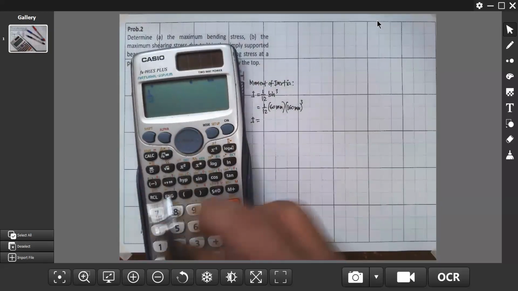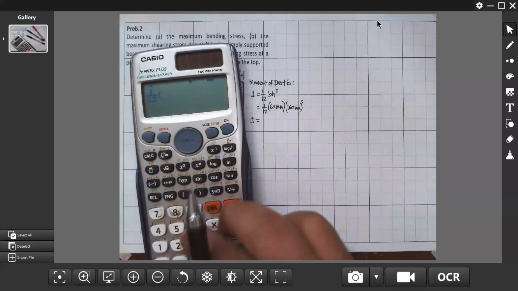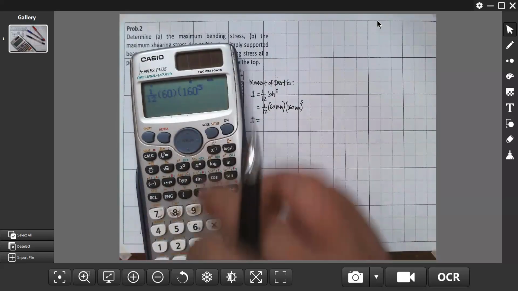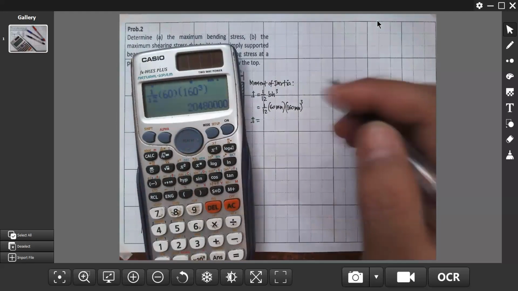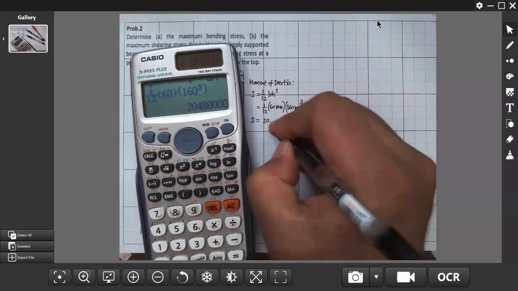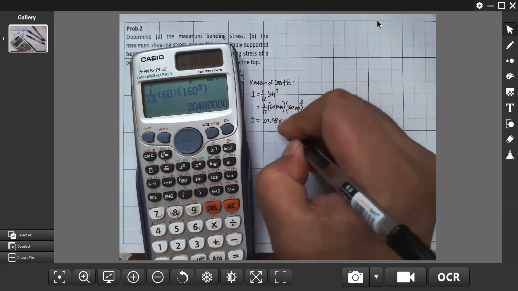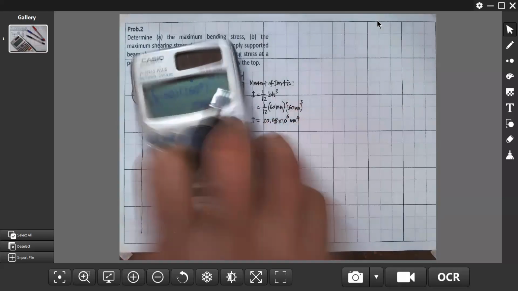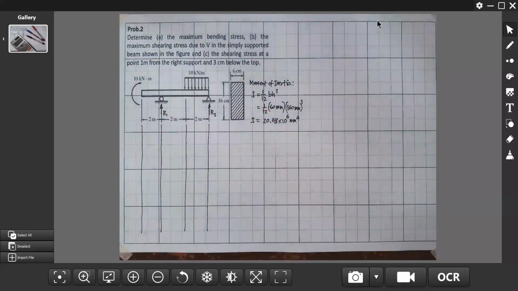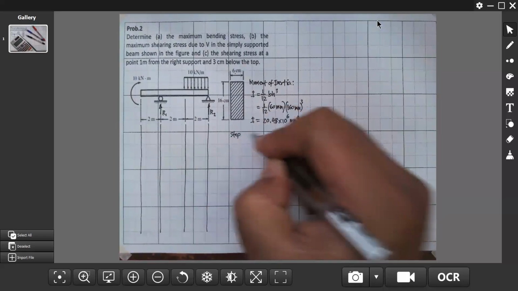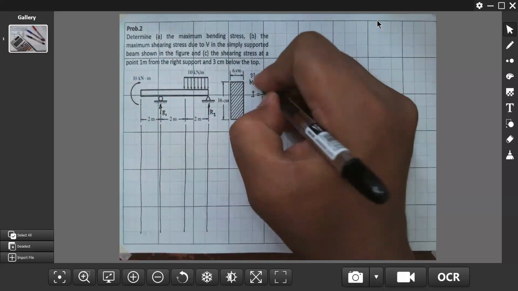That's 1 over 12 times 60 times 160 cubed. That's 20.48 times 10 raised to 6 millimeters raised to 4. So that is our first step here, step one.